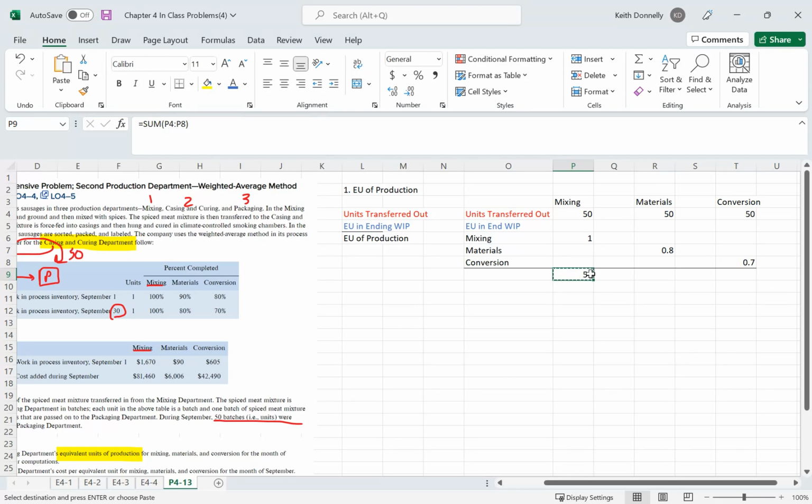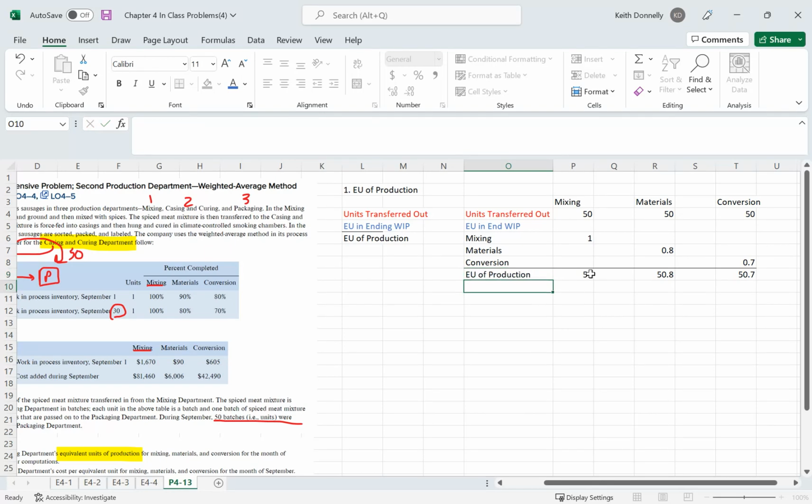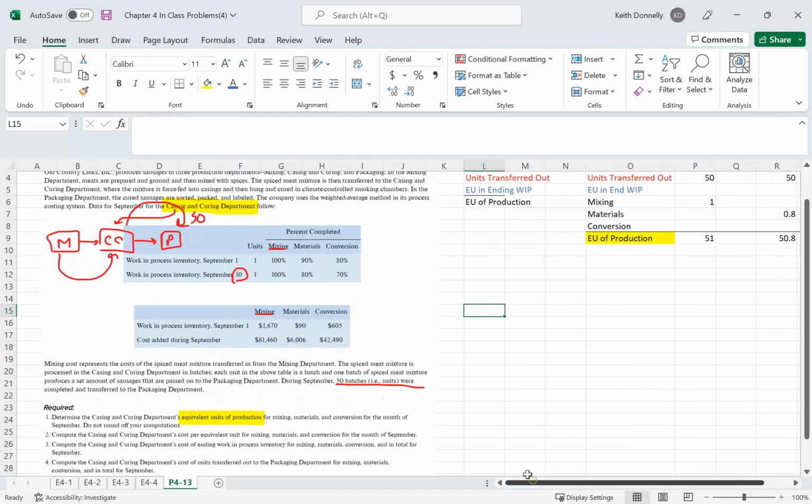We're gonna have 51, 50.8, and 50.7 equivalent units of production. All right, so let's just label that yellow as kind of our starting point, because we're gonna carry this down as we go forward, use some of this information later on. 2 here.